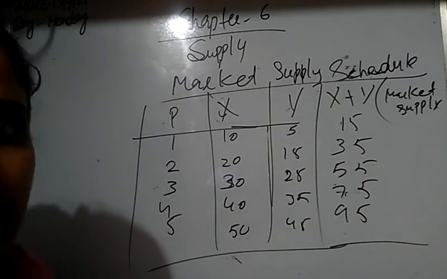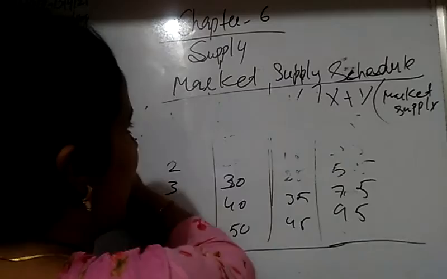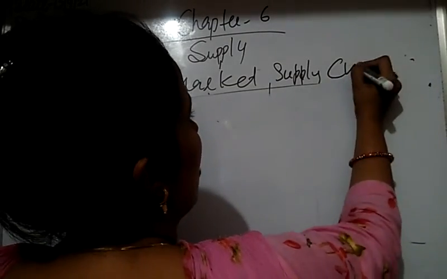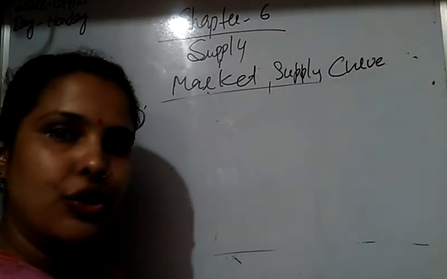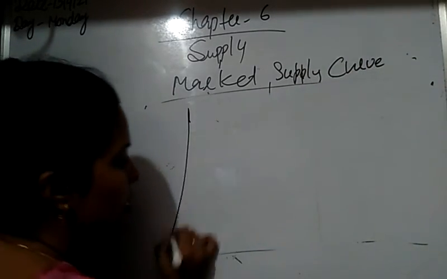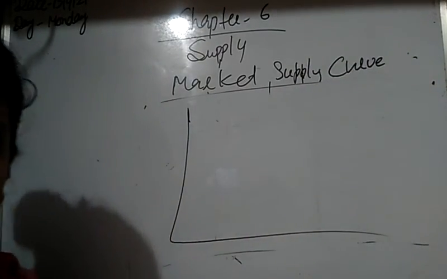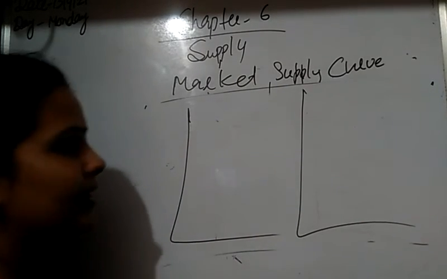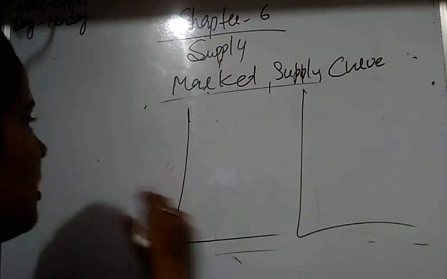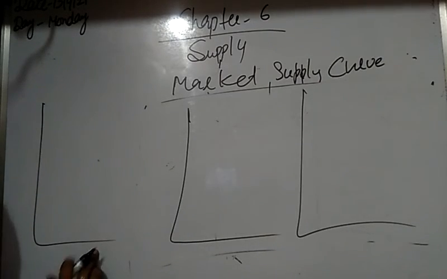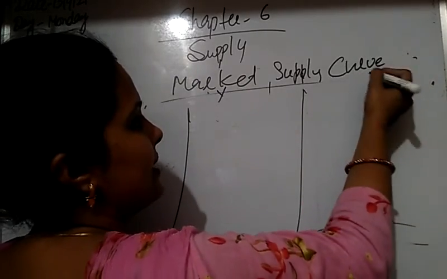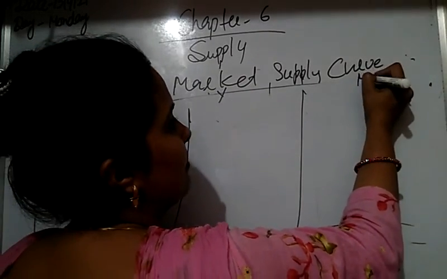And the next is market supply curve. Now students, I am considering the market supply schedule to present the supply in a diagrammatic form. Two diagrams are there, first for X commodity, second for Y commodity, and third is for market supply.